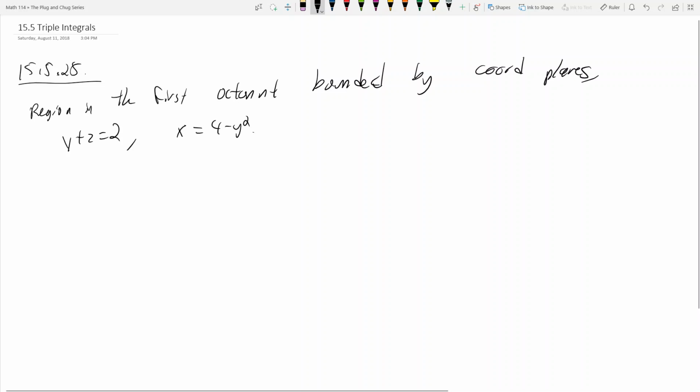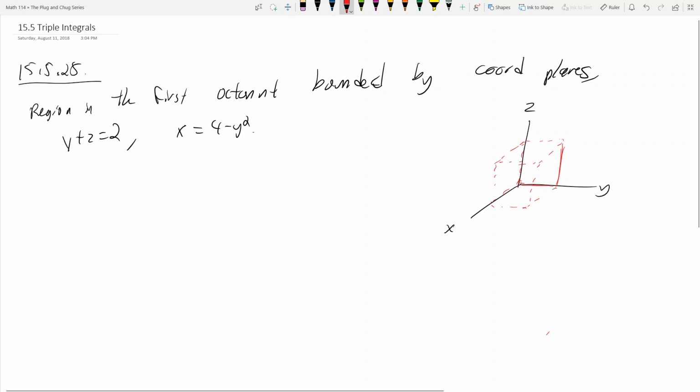So what is the first octant? Well, if you draw the xyz axes, this is x, that's y, this is z. The first octant is essentially everything above 0. A cube like this would lie in the first octant because x, y, and z are all bigger than 0.